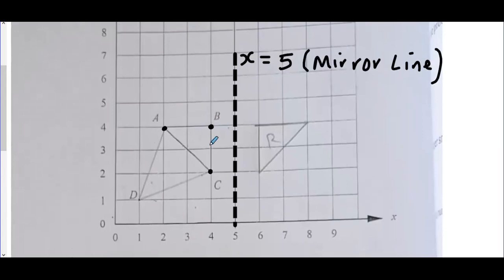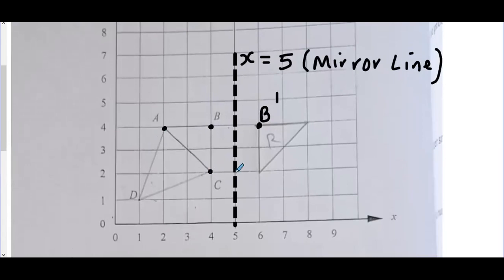Let me reflect one point after the other. Let me start with point B. This point B is one box away from the mirror line, so it will be somewhere here. This will never be B again; instead, it will be B dash. How about point C?